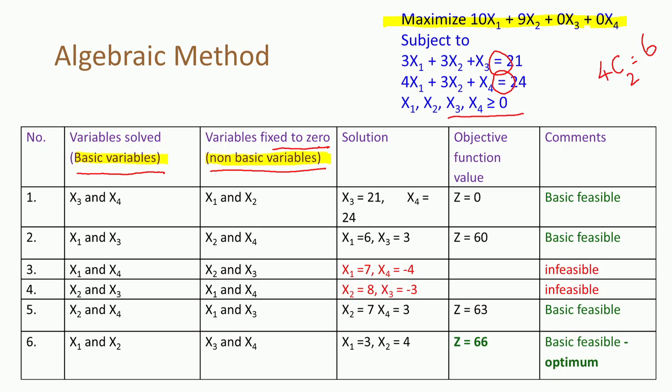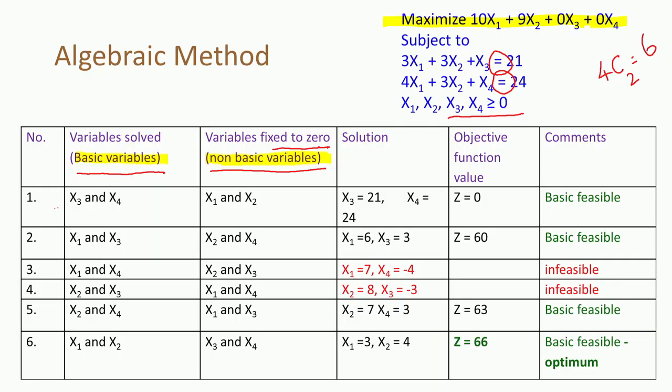Now, these 6 ways by which I can choose them are written here from 1 to 6. So, one pair could be I am solving for x3 and x4, which means I am fixing x1 x2 to 0. I can solve for x1 x3 by fixing x2 and x4 to 0.